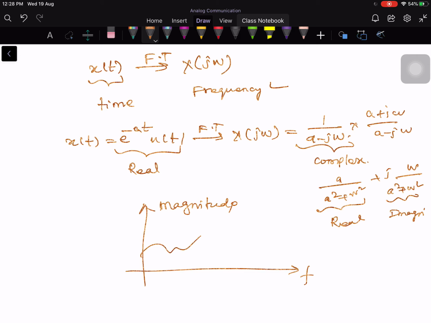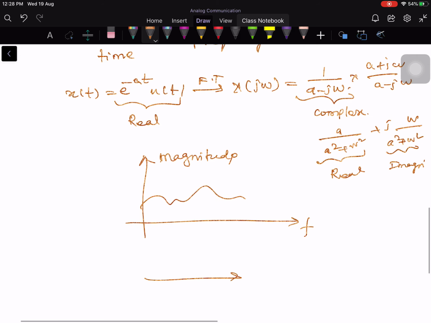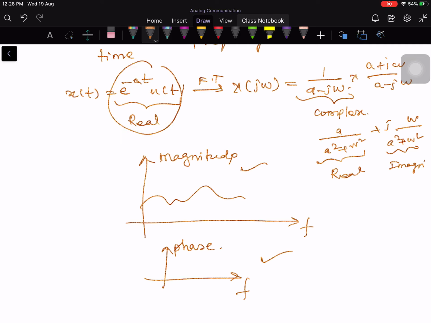So that gives a magnitude plot, and also you can plot phase, like this is your frequency and this is your phase. So you have a magnitude plot and phase plot for a real signal. In the time domain it is a real signal, in the frequency domain it is a complex signal. When you have complex, then obviously we need to talk in terms of the language of magnitude and phase.